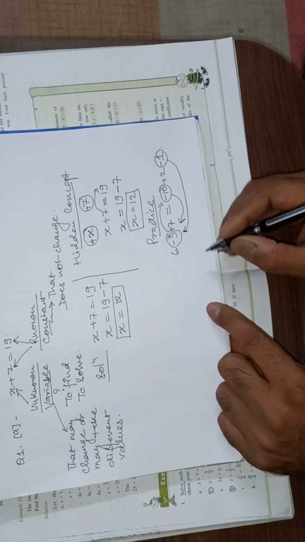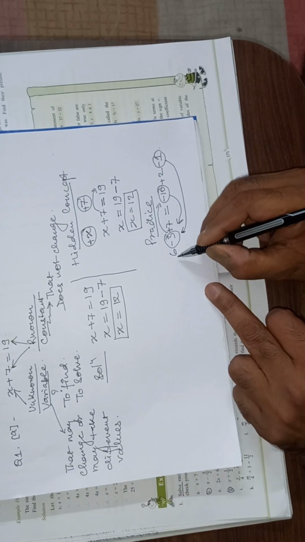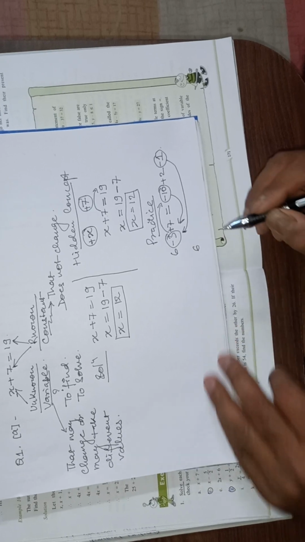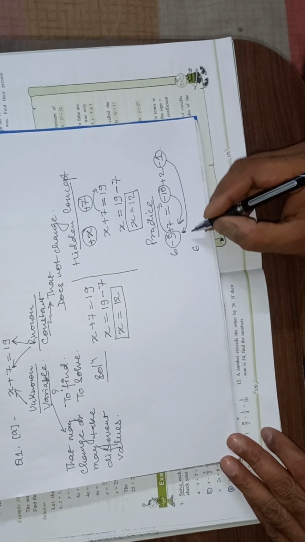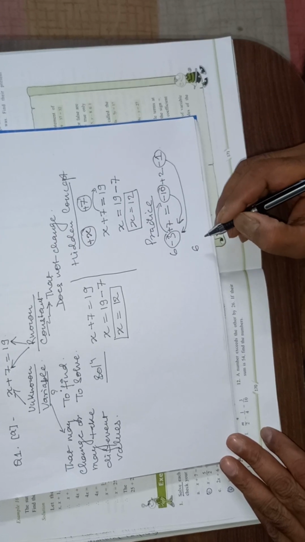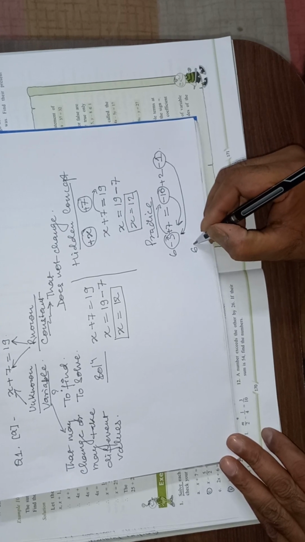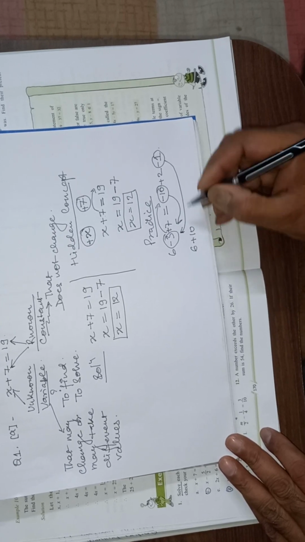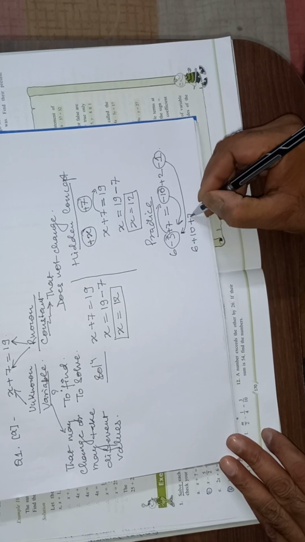So let's do it and see. 6 already has a plus sign. 7 is already having a plus sign. Now this minus 10 is coming to the left hand side of this equal to sign, so it will be plus 10. Plus 7 is already there.